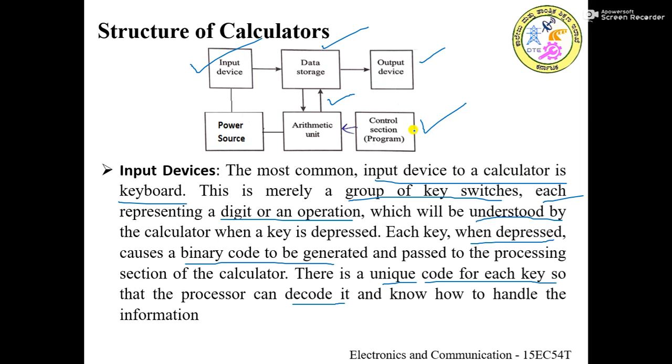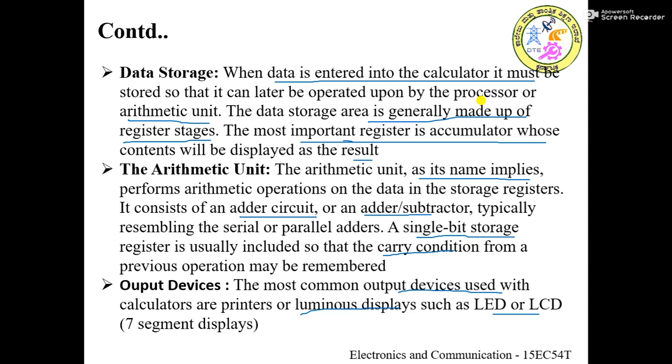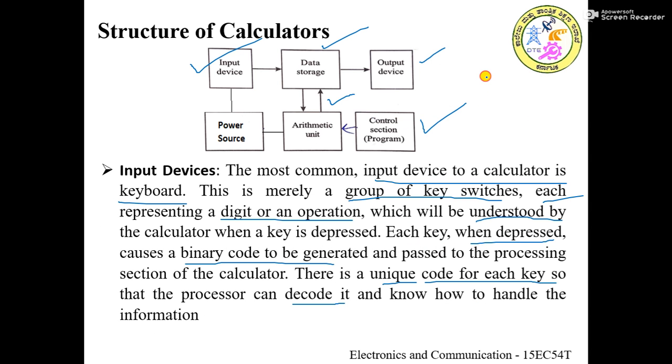In this control section, you will find something called ROM. So all fixed programs will be stored here only. So there is a ROM here. This ROM consists of the fixed program routines. Means for addition there is a fixed program routine.